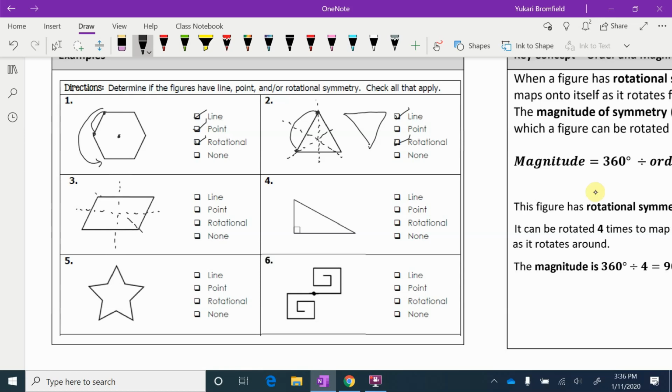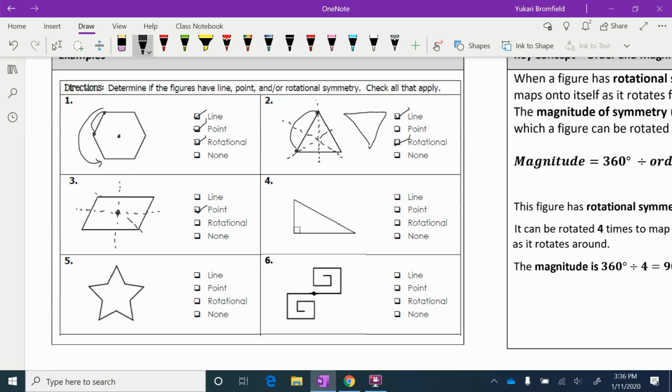Okay, what about a point? If I rotate this 180 degrees about the center, it will go back to its original shape, so it definitely has a point symmetry. And what about rotation? I can rotate it 180 degrees, right?